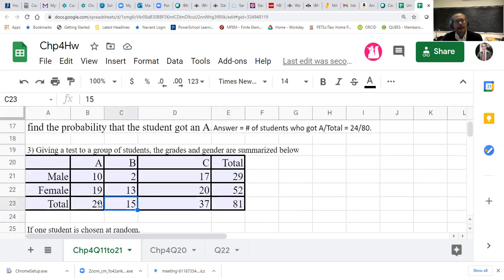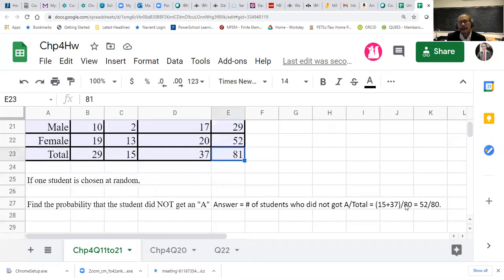Yeah, I think someone messed up the spreadsheet. Yeah, so 81.